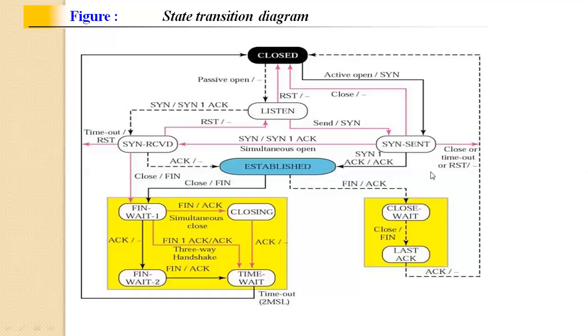The pink lines denote the unusual event sequence, and it is marked by an event or action pair. The event can either be user initiated, such as call, connect, listen, send, or close, or it is in the form of a segment arrival.